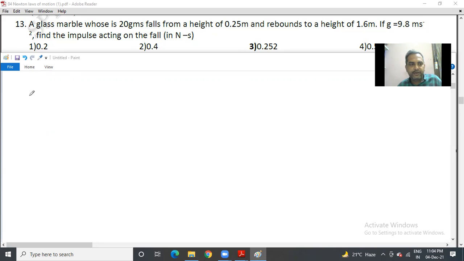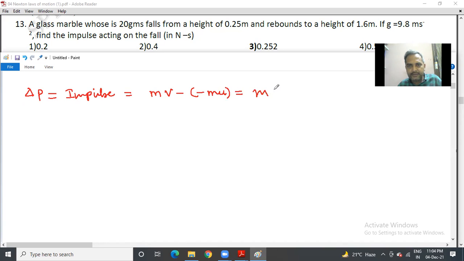So in the previous video, we got the formula that when a body is dropped from a height h1, after rebounding it goes to a height h2. So we have written mv minus of minus mu. In continuation, this is written as root over 2gh2 plus root over 2gh1.